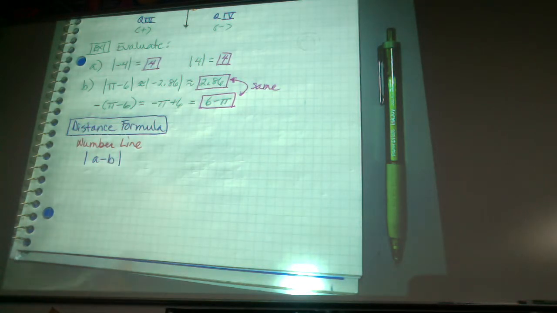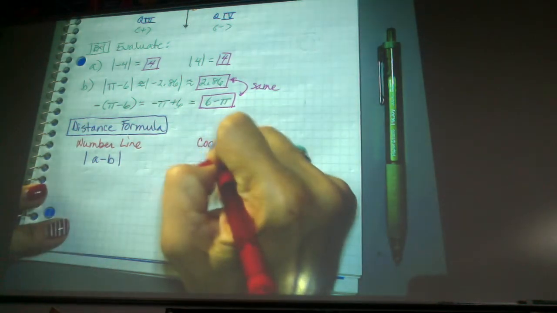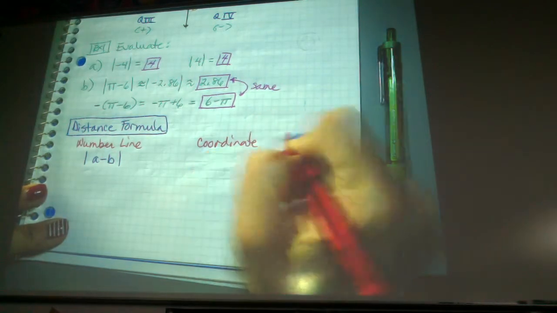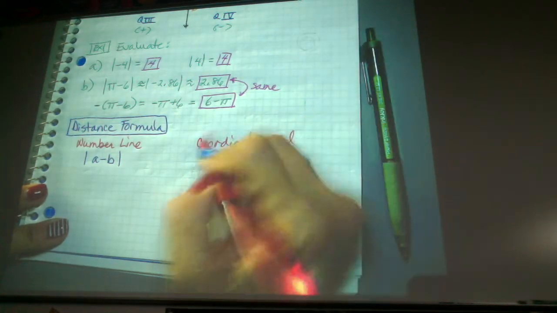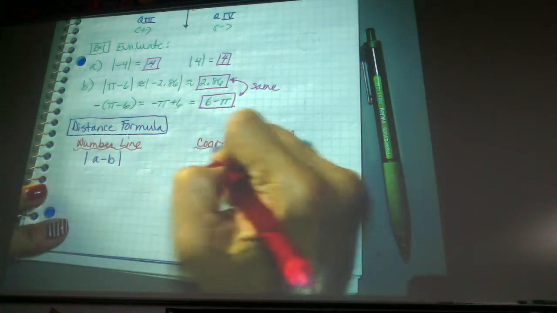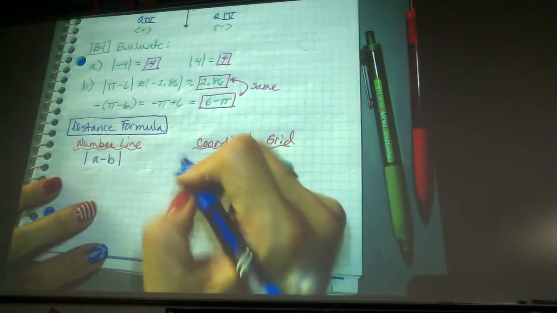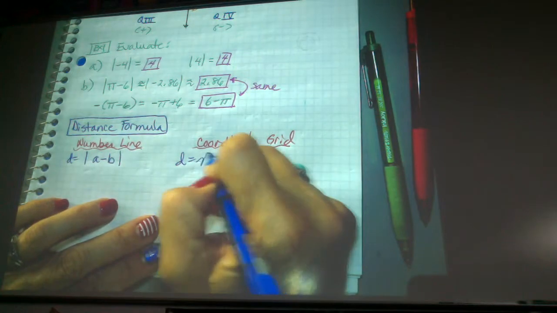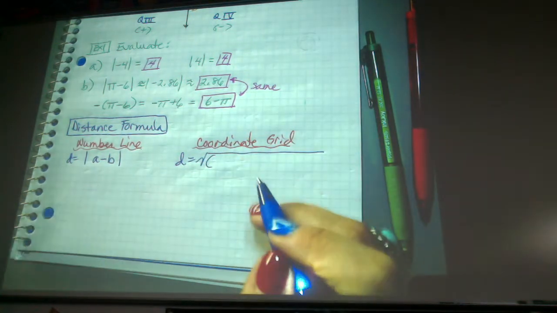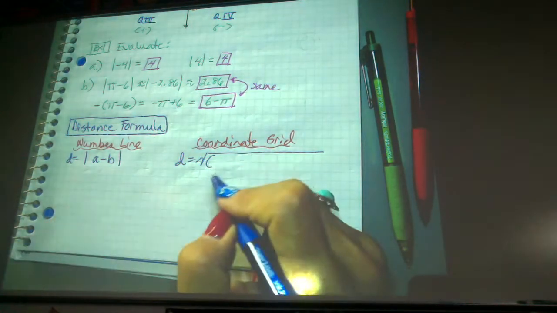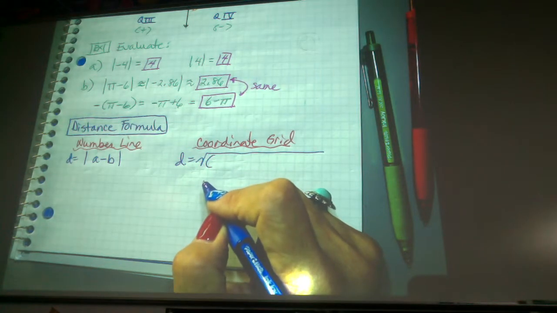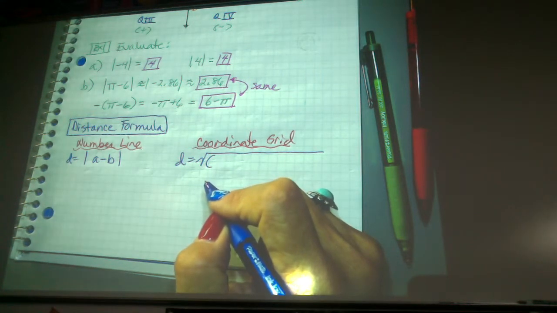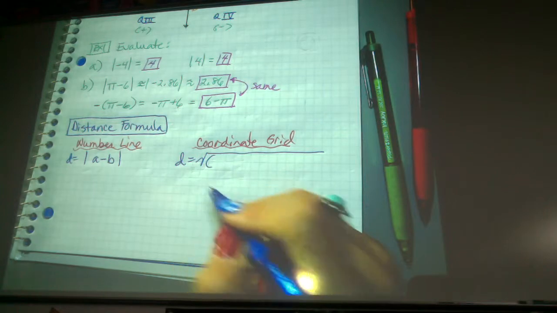But on the coordinate grid, distance is equal to the square root of, and there's a variety of ways you could see this. You're essentially taking the difference between your y's and squaring them, the difference between your x's and squaring them, and adding those together to take the square root.